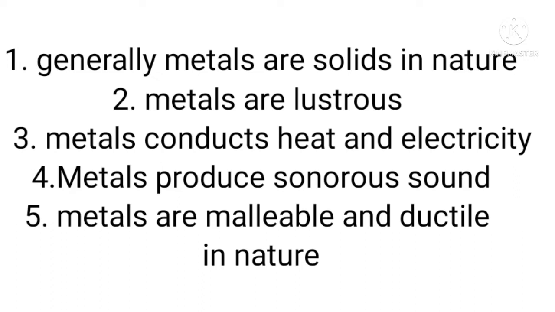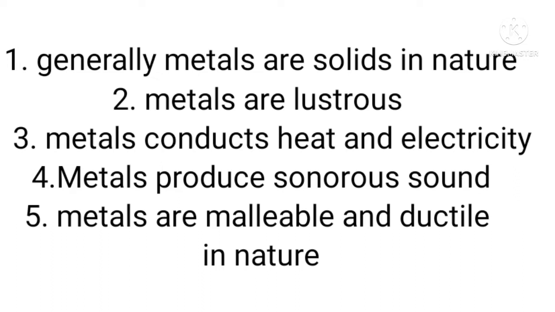Next property, metals generally show malleability and ductility. What is meant by malleability? What is ductility? Malleability is the property of a metal where it can be beaten into thin sheets.